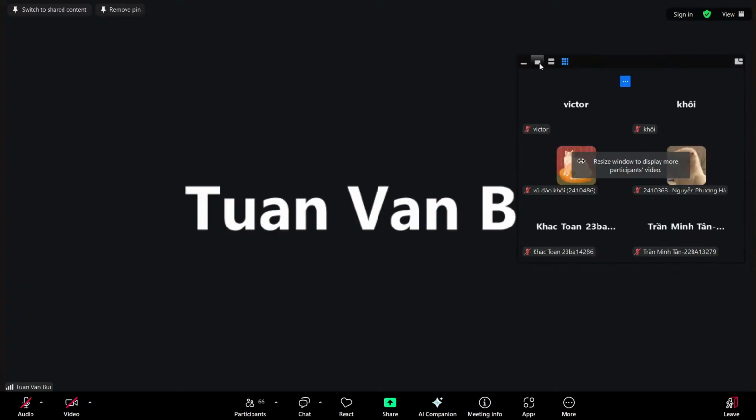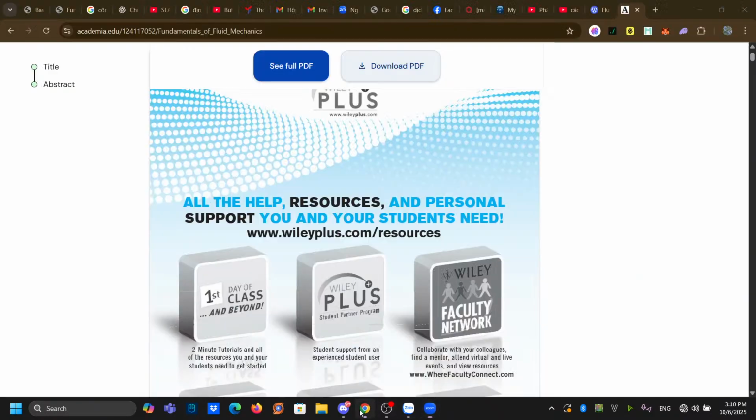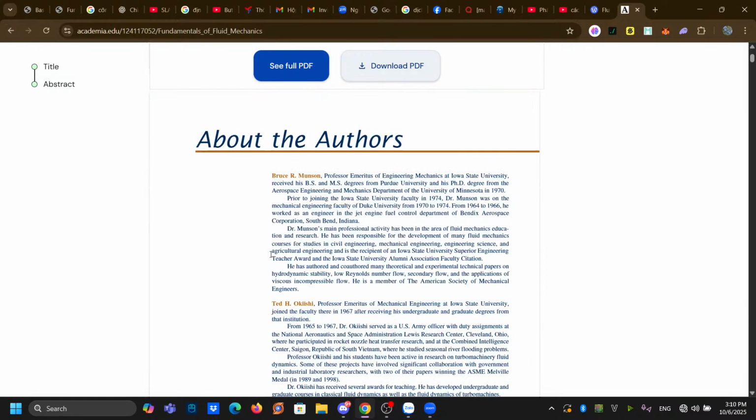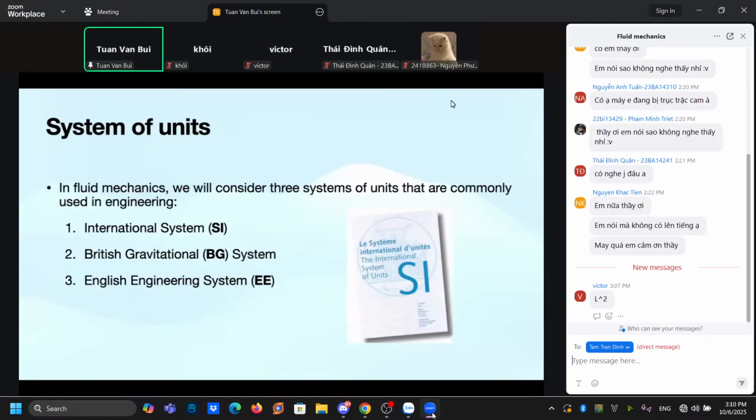In the future, maybe you will work in a country like the UK, the US, or India, which do not use the international system like Vietnam and France do, but use a different system. So we will work with them.